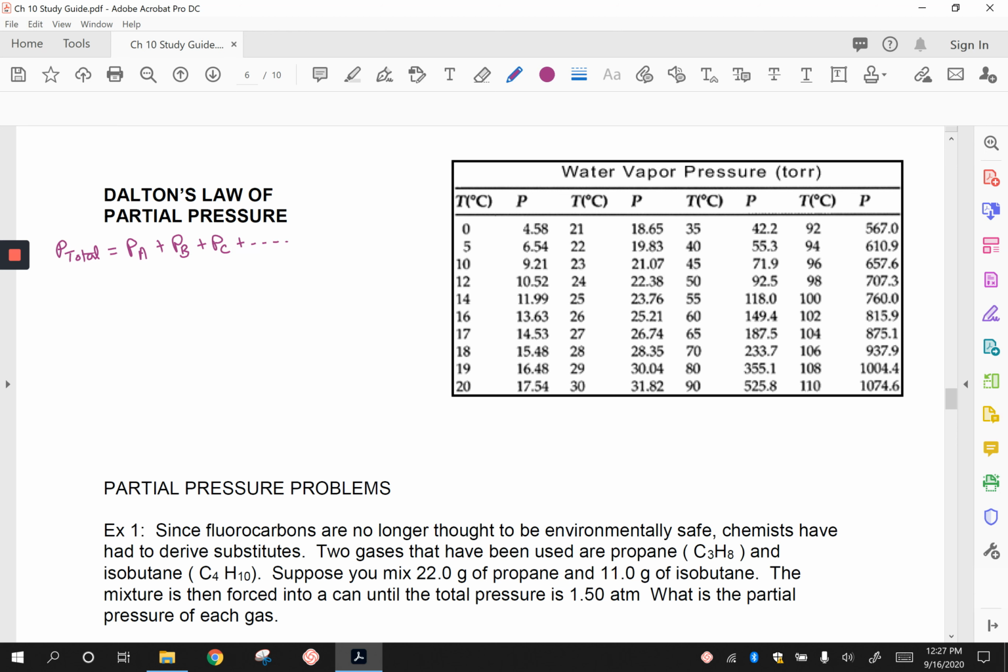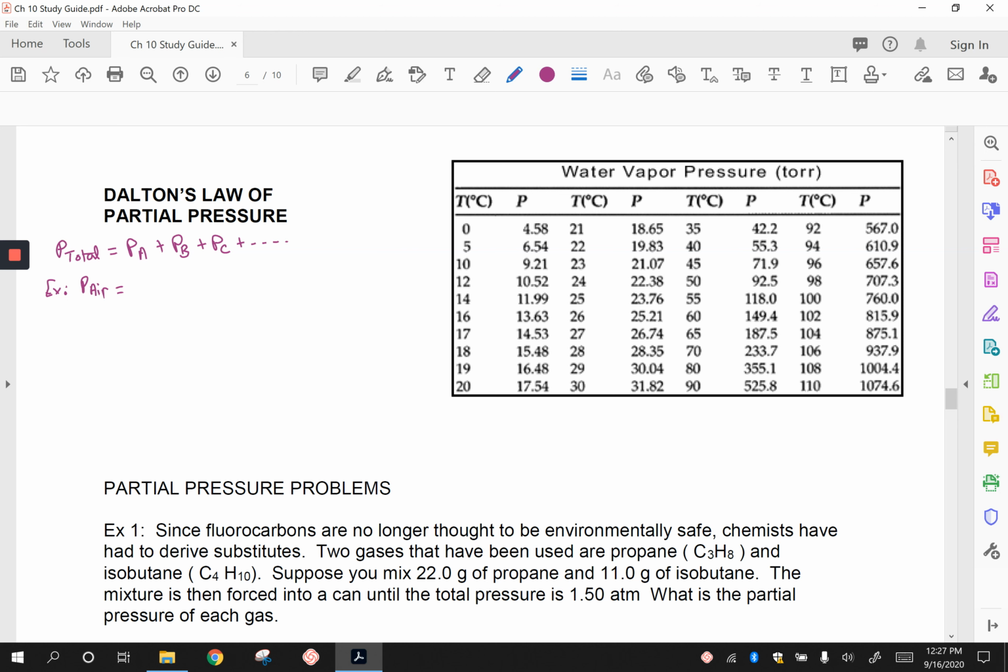Pretty basic, right? Last year we talked about Dalton's law in honors chem, and it was a pretty easy concept. For example, if I have air and I want to look at its pressure, the atmospheric pressure, well, air is made up of all kinds of gases, right?